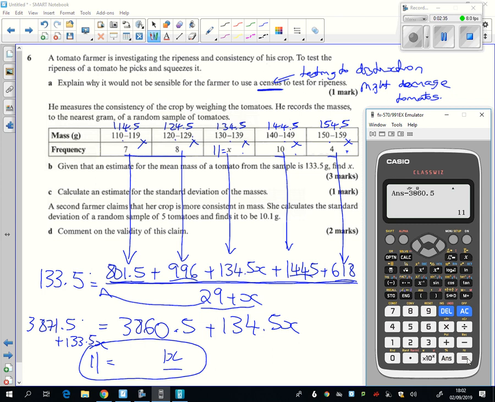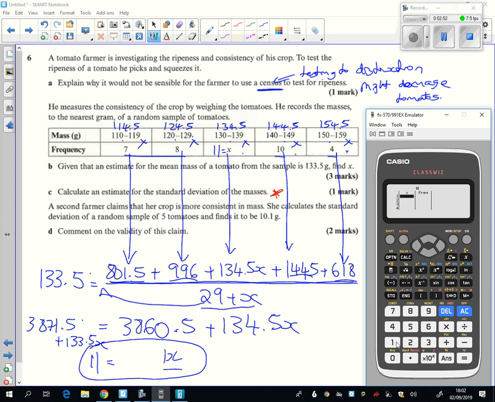So the next part of this is to then actually find out the standard deviation, and perhaps then we'll just go into our statistics menu to do that. So we're going to do a one variable statistic here. I need to put the frequencies on this calculator. Can you remember how to do that?